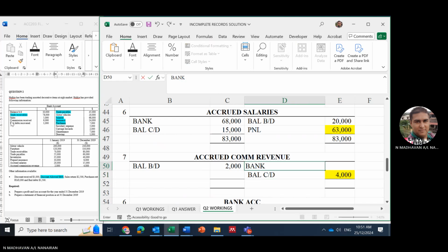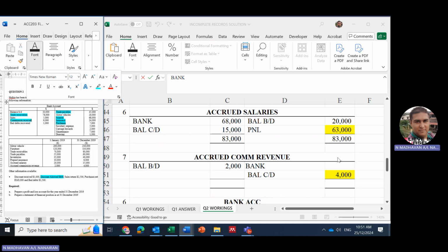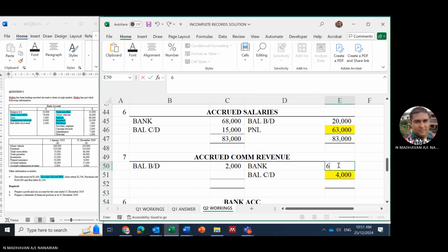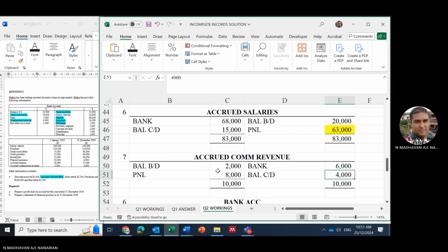Bank 6,000. So 10,000. So P&L is 8,000. Are you all following me?